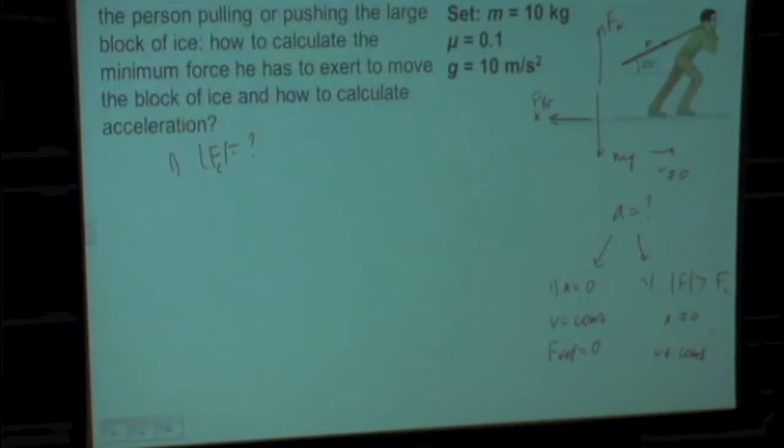Well, let's start from case two. In the latter case, if acceleration is not zero, this is what we should write. Again, x, y. The applied force times cosine of 25 degrees, that represents the x component of the applied force, minus the force of kinetic friction.